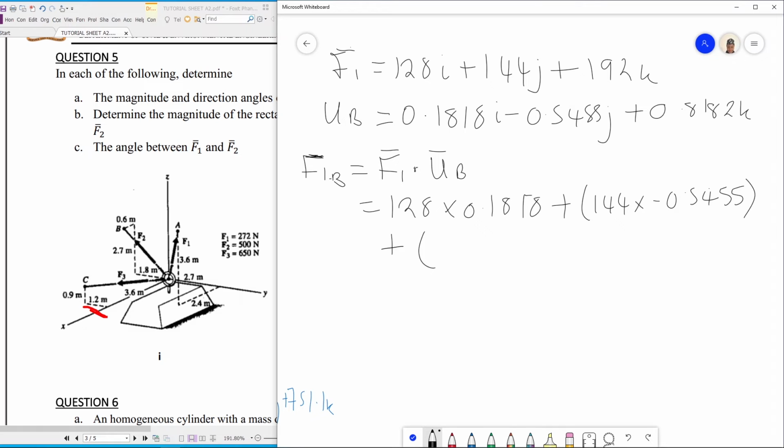Awesome. This will give you a scalar, not a vector.